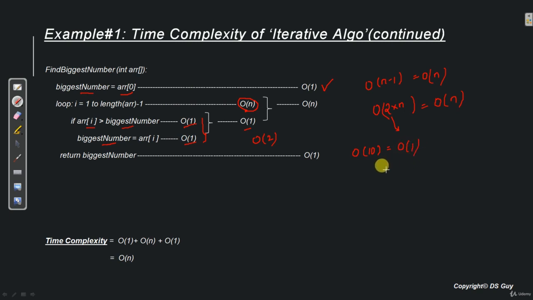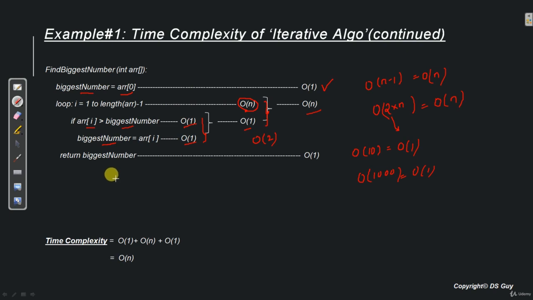Or even if we have order of 1000, still we can say it as order of 1. The reason is that 1000, 10 or 20, all these numbers are constants. So when we multiply order of n with order of 1, we get order of n.